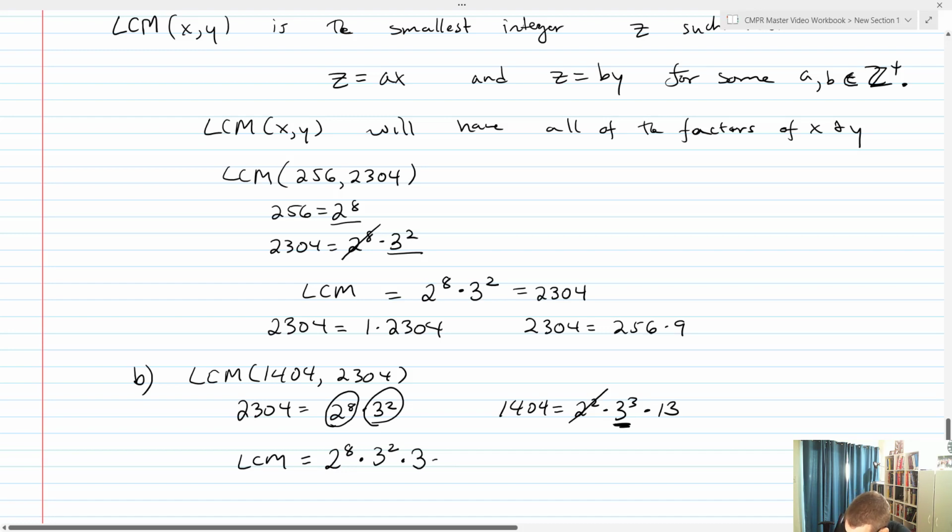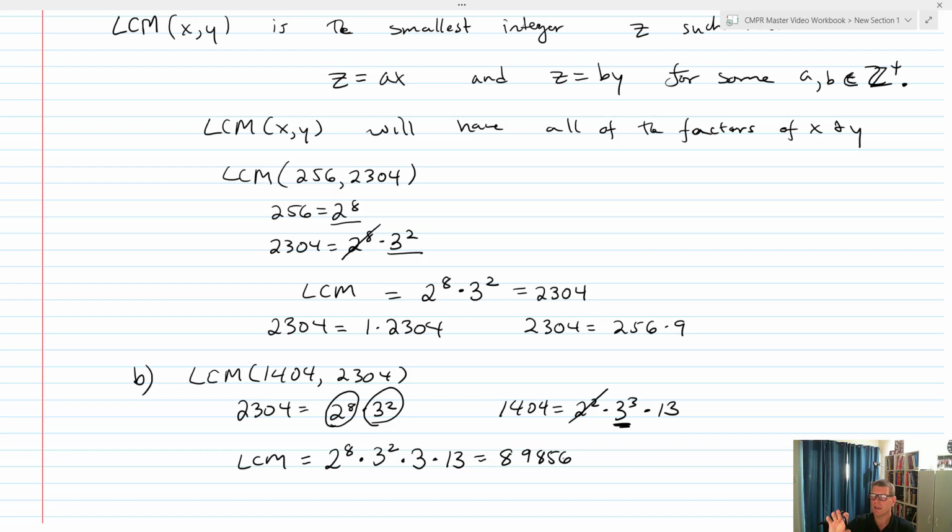So times 3, and then times 13 because that's my remaining factor. So what this gives me is that my LCM is going to end up being 89,856.